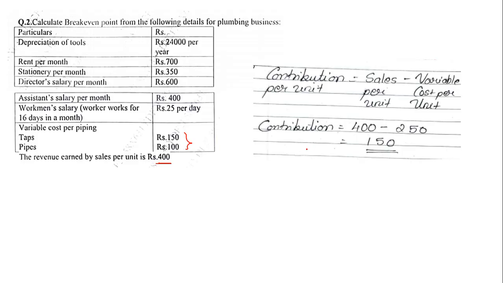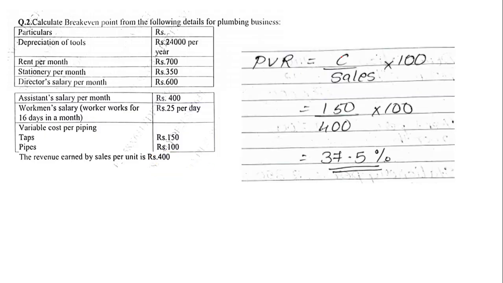With that we will also find the PV ratio. PV ratio is contribution upon sales into 100. Contribution is 150, sales was 400, so 150 upon 400 into 100 gives 37.5%. We have fixed cost 4450, contribution 150, and PV ratio 37.5.